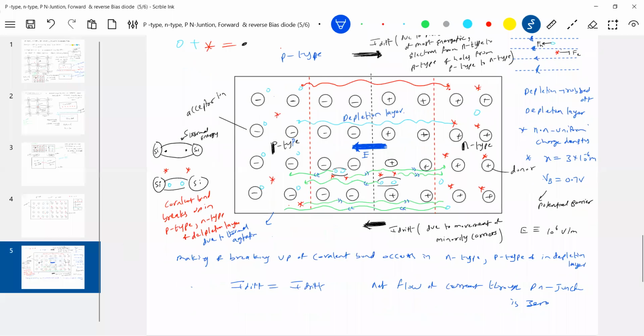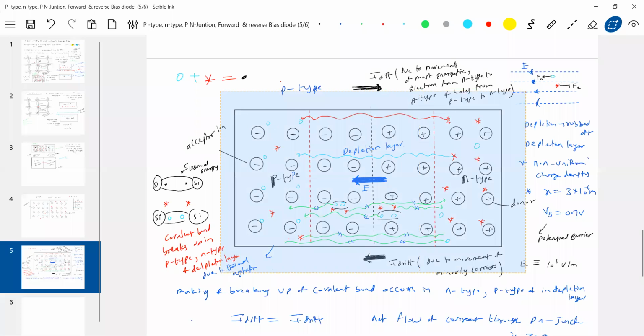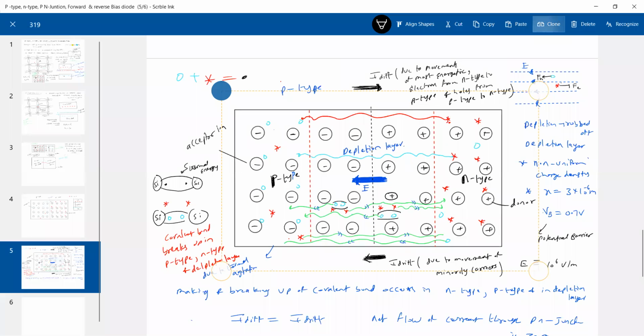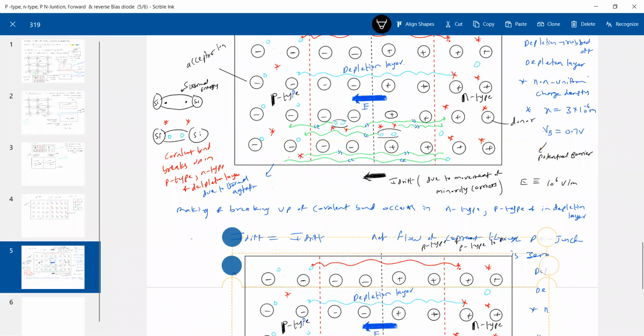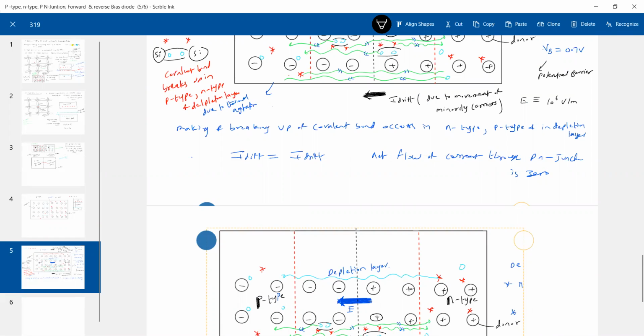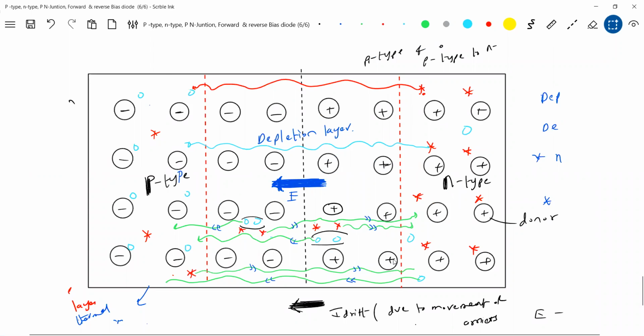Okay, let's come to this one. This is unbiased. Now when I check it, there will be a potential barrier. So what is the potential difference generated? To show the potential difference, we'll do one more diagram. In books, the diagram of energy level is also given.